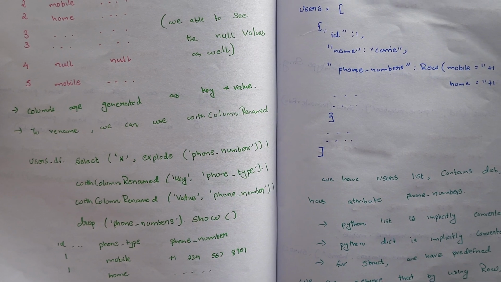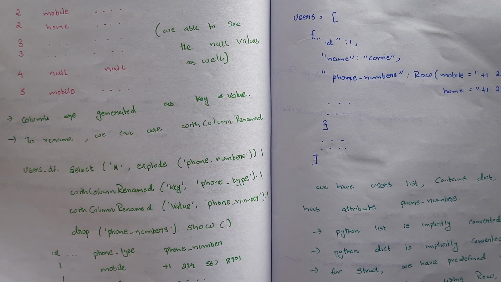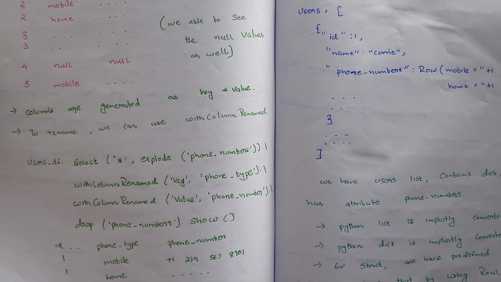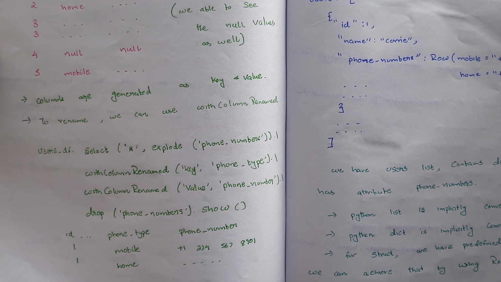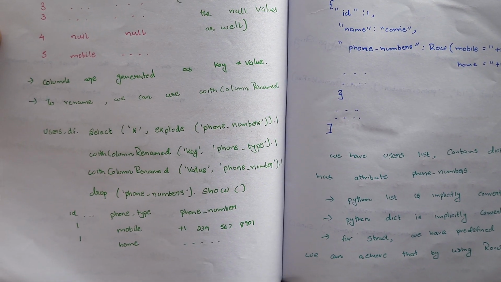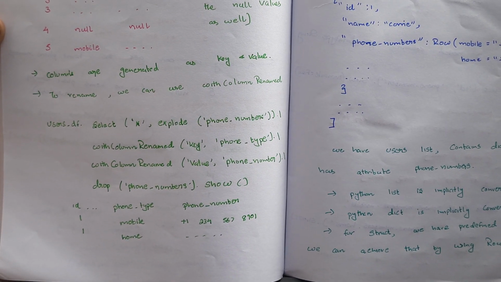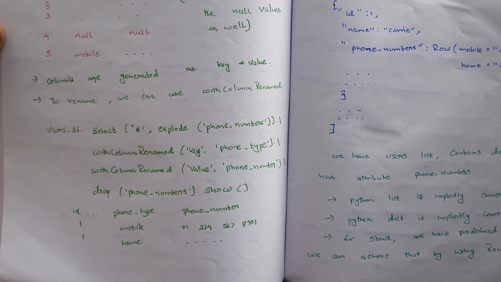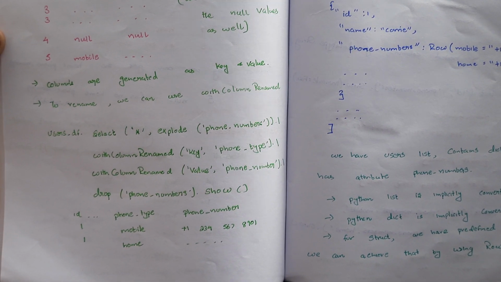We have to rename the key column to phone_type, and withColumnRenamed value to phone_number. Then we are dropping phone_numbers here because we already extracted it as phone_type and phone_number. If you see the result, we get id 1 and then phone type as mobile and home, and phone numbers as the corresponding values.